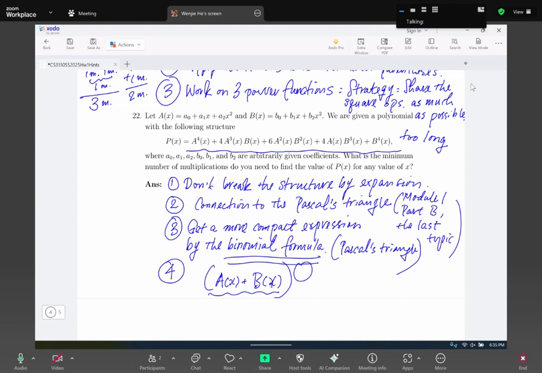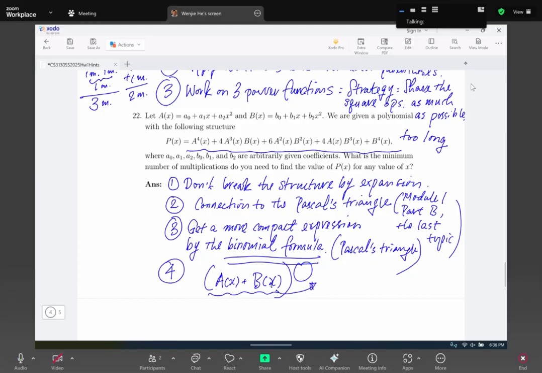So you need to get a more friendly form to save some number of multiplications. I hope you understand the meaning.